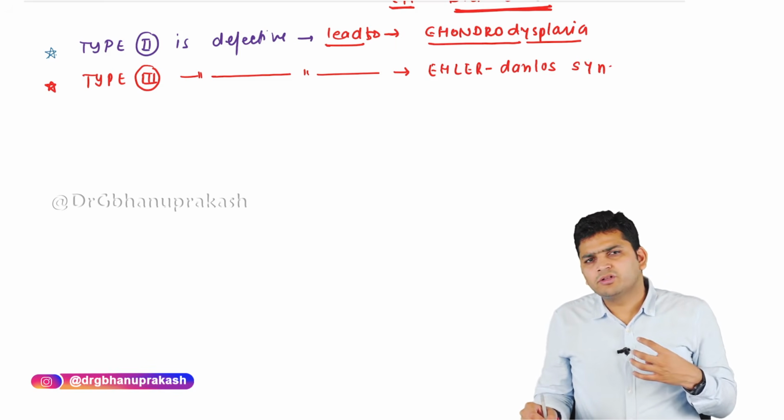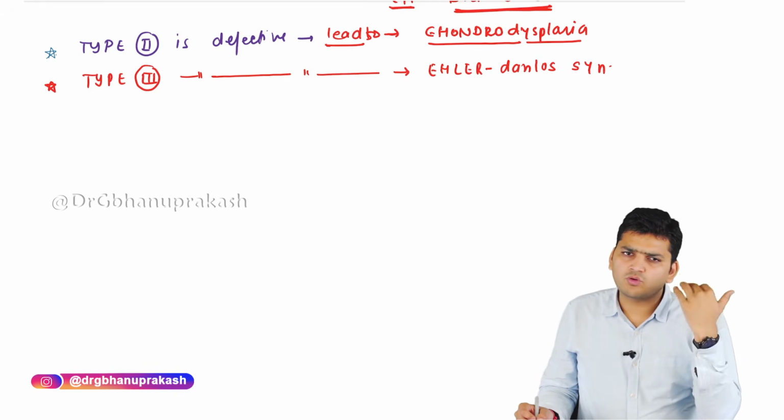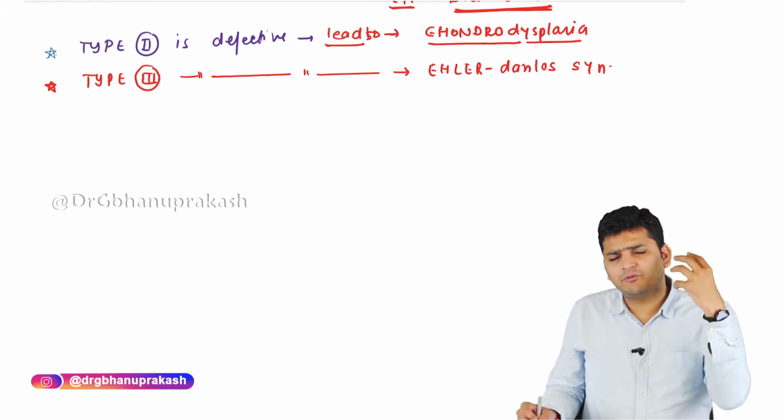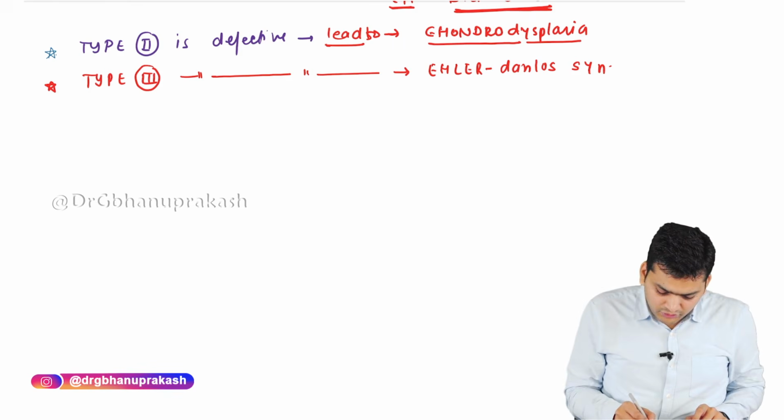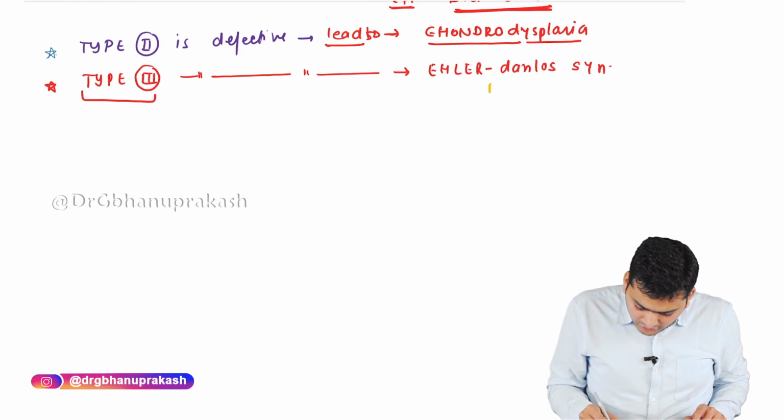See, in Ehlers-Danlos syndrome, almost all the types of collagen are defective, but if you have to select one, then you are going to select type 3. So I am writing the statement that in Ehlers-Danlos syndrome, almost all the types of collagen are defective.